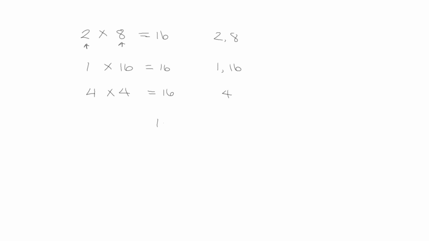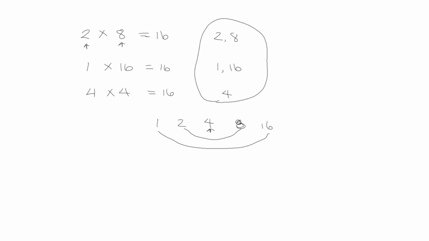Now if we put them in order, we can match up the factor pairs. And this is one where the 4 is multiplied by itself. It becomes its own pair. But we've now found 5 factors and their associated factor pairs. Let's look at another one.